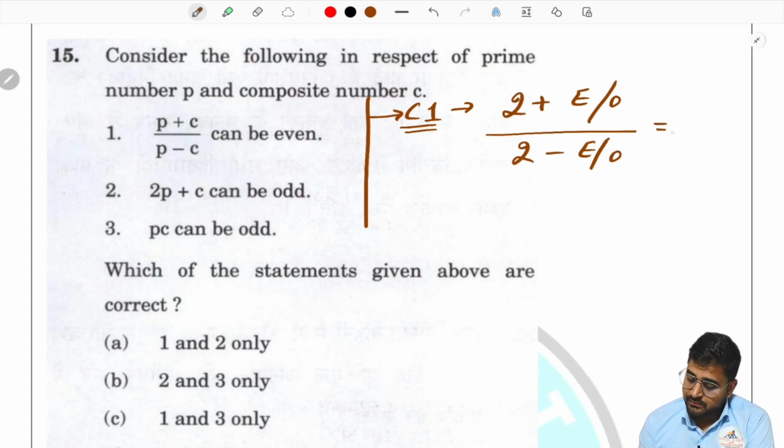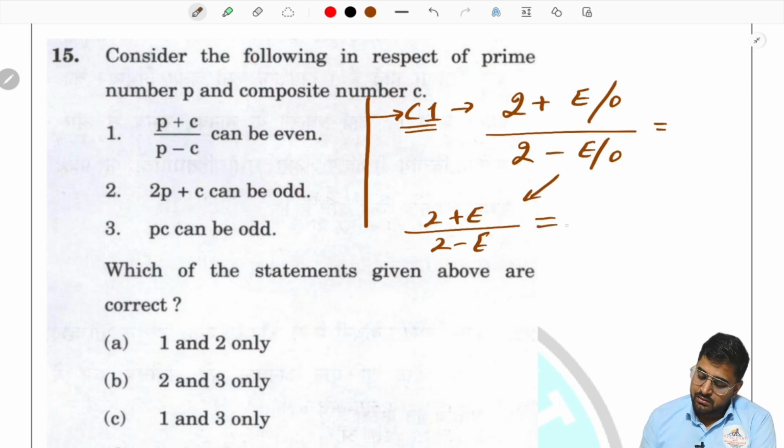First, let us talk about the even itself. 2 plus even by 2 minus even. Is that possible? It can be even. Let us see. If C is a composite number, for example 4, then it becomes 6 by minus 2, and this becomes 3, which is odd.